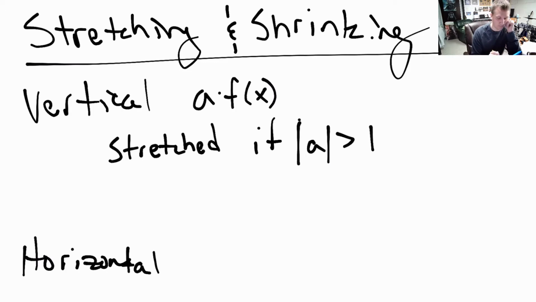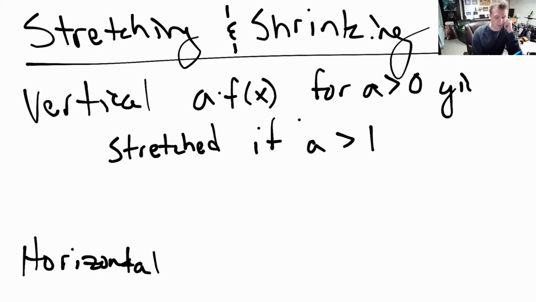So I'm going to say that A is positive here. For A greater than 0, it gives vertical stretching if A is bigger than 1. You can think about, if A is 1, nothing happens.